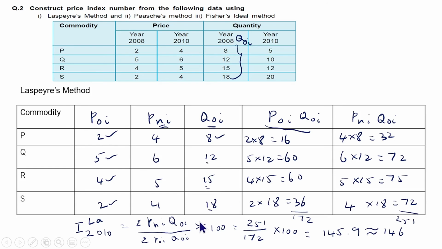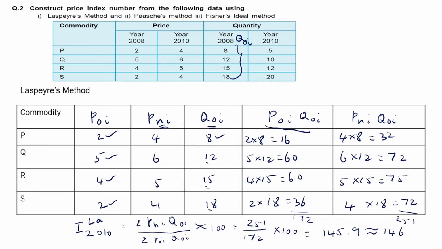Then upon summation P naught I Q naught I: 2 into 8, 16, plus 5 into 12, 60, plus 4 into 15, 60, plus 2 into 18, 36. When we add all these, we get 172. So 251 upon 172 into 100 is approximately equal to 146.